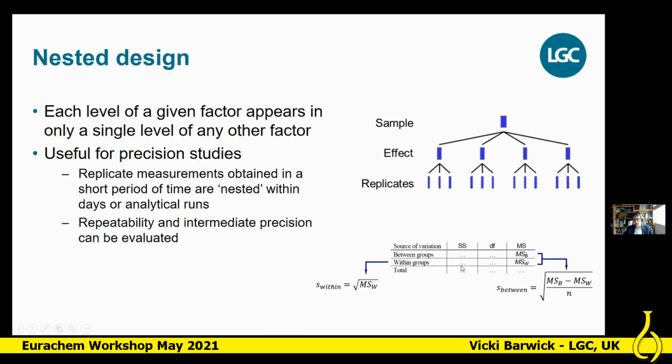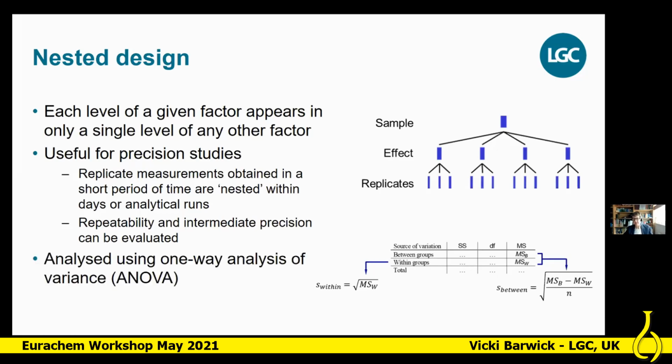So that's just an overview of the ANOVA table. But if we carry out analysis of variance, that generates mean square values, and from those we can calculate standard deviations. So if this had been set up so that these replicates were under repeatability conditions, then our S within that we could calculate would actually give us our estimate of repeatability, but we can also calculate the additional between groups, so between run variability as well.